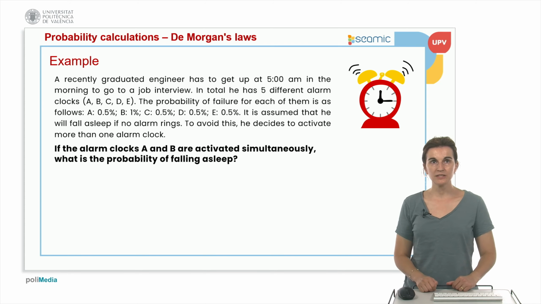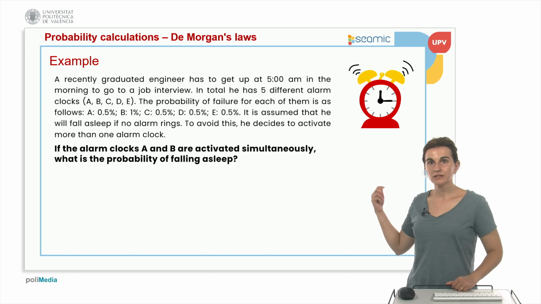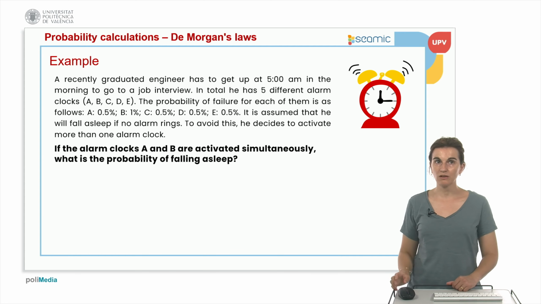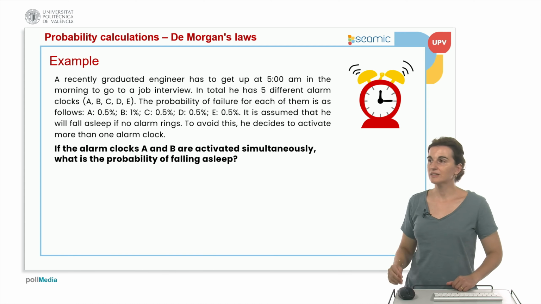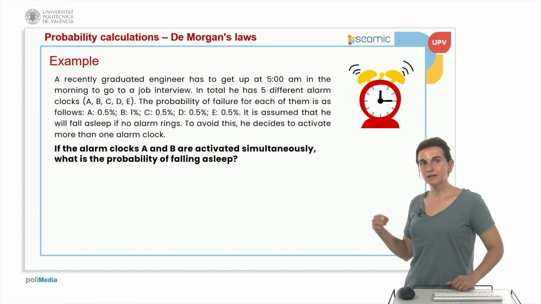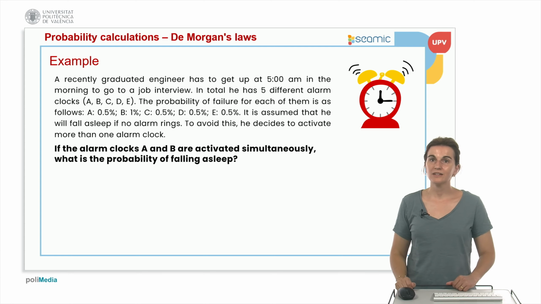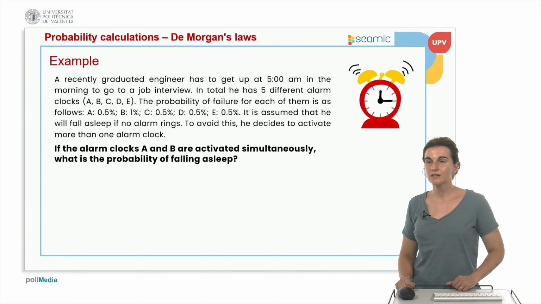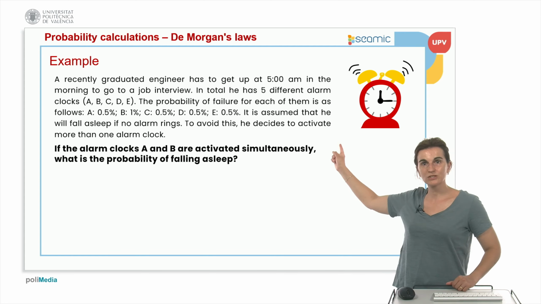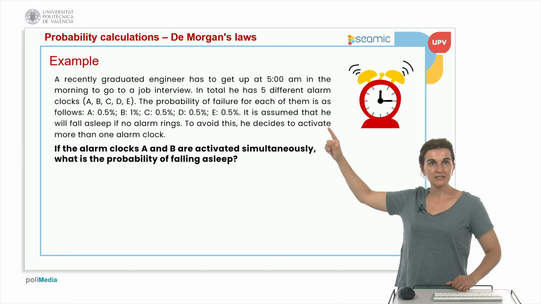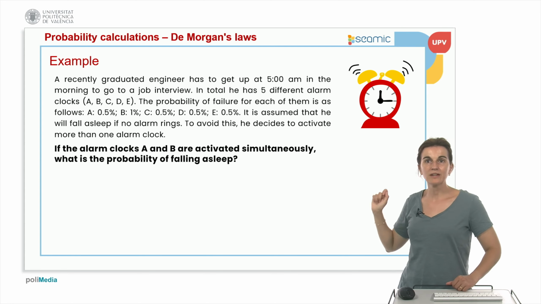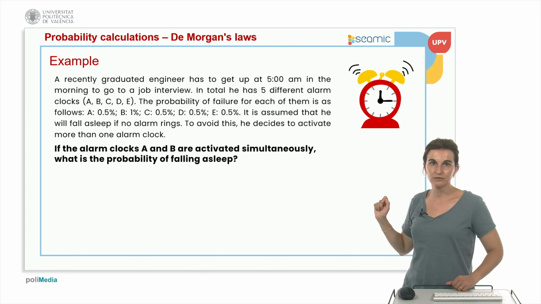We have been considering some use of clocks for attending to work. We are working with the timetable of a recently graduated engineer, and then he needs to go to an interview. So he has 5 different alarm clocks, which are called A, B, C, D and E, and we have the probability of failure for each of them.